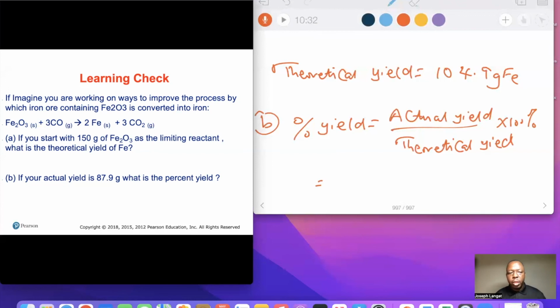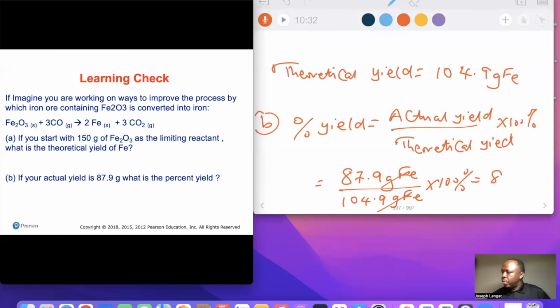Use critical thinking skills here. 87.9 grams of iron was produced, and the theoretical yield is 104.9 grams. So 87.9 over 104.9 grams of iron times 100%. This will be what?